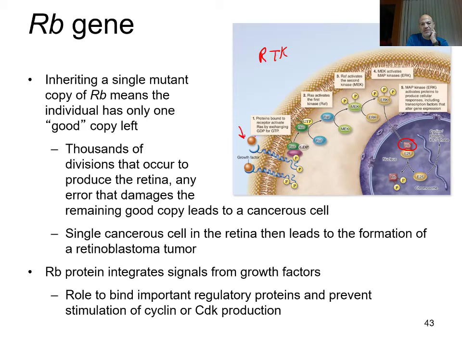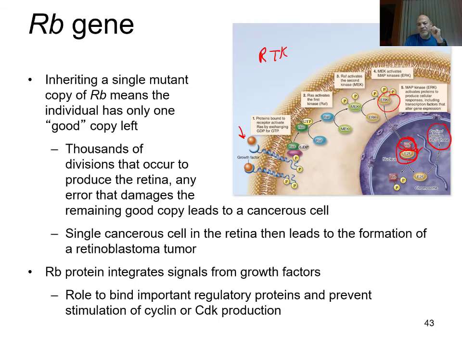And say you have a growth factor here, and you go through a series of phosphorylations of these different kinases until eventually the MAP kinase comes in and phosphorylates the RB, detaching it. That's the important part here, because as long as it's attached, it's preventing the protein colored in yellow here, which could be a transcription factor that gets a gene transcribed that would produce either cyclins or cyclin-dependent kinases, and both are important for going through the cell cycle.